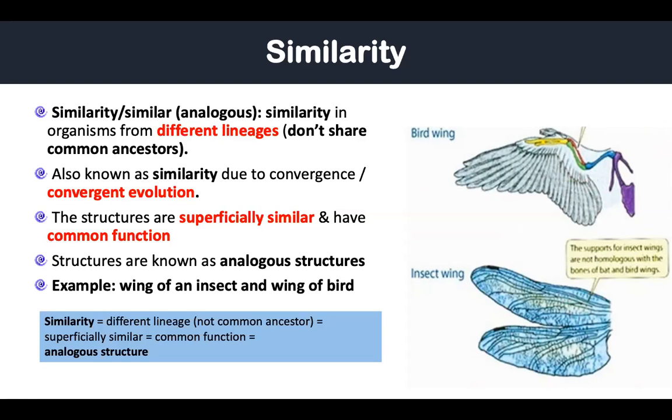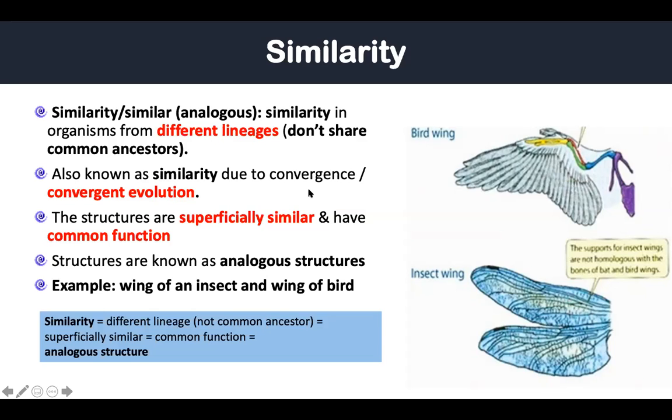So this similarity is actually due to convergence or convergent evolution, which means you come from completely different lineages, but because of environmental factors or stress, they need to adapt to the environment, and they get this ability through this structure that they're able to fly, right?